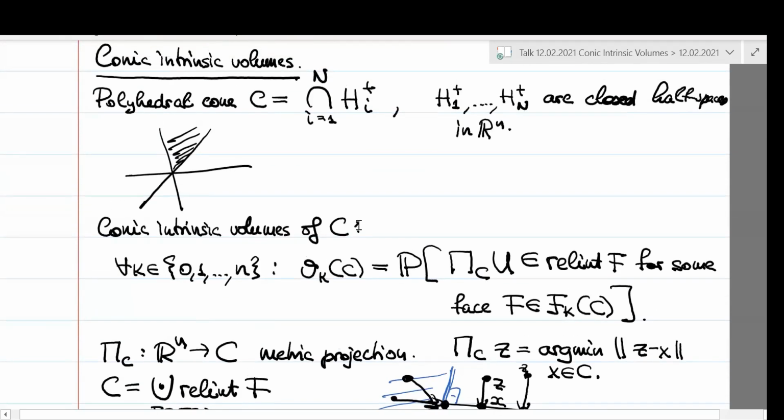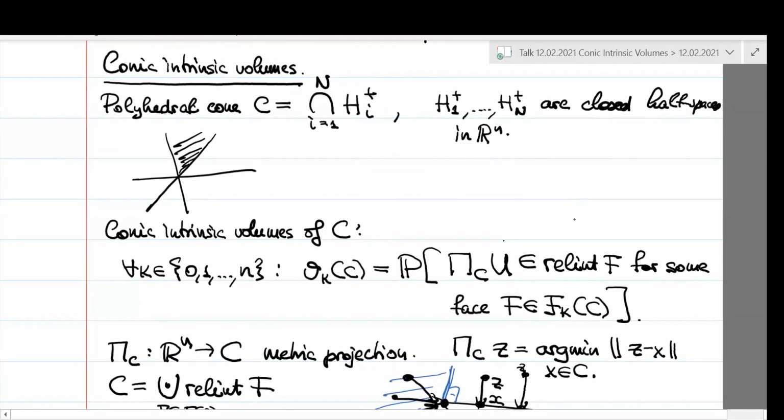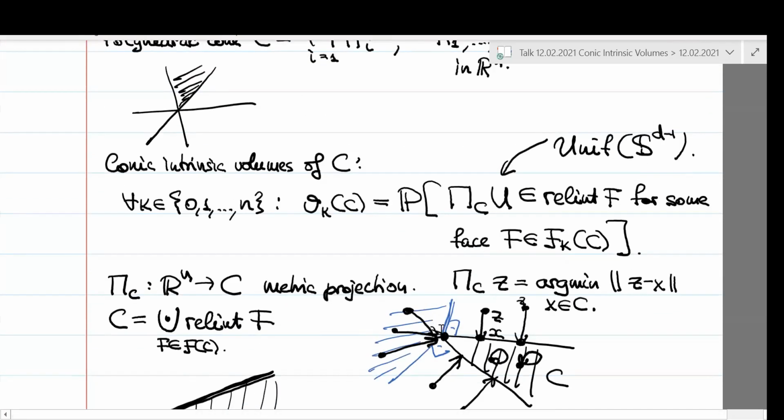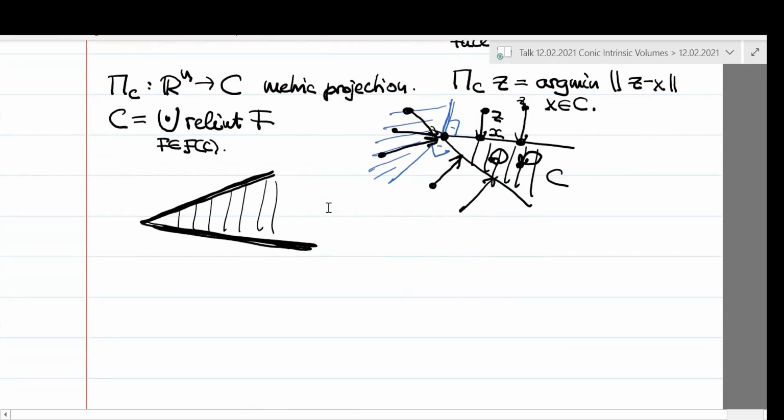Finally, in this definition, U is a uniformly distributed random vector on the (d-1)-dimensional sphere. So we take essentially a random direction and we look at the face of which dimension it projects to. The probability that it projects to a face of dimension k is the kth conic intrinsic volume.